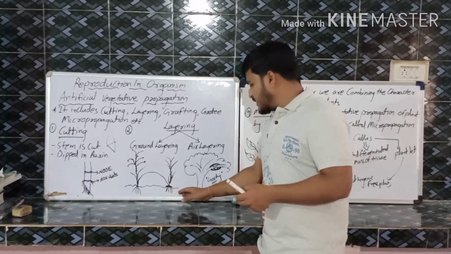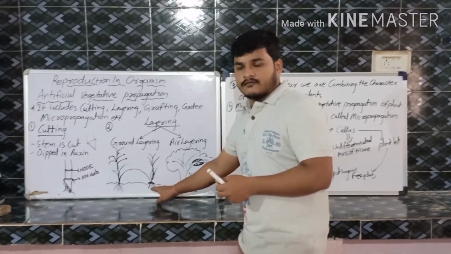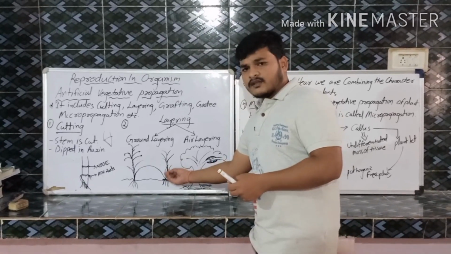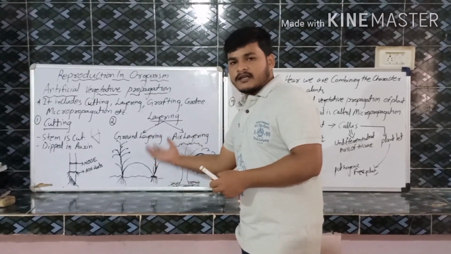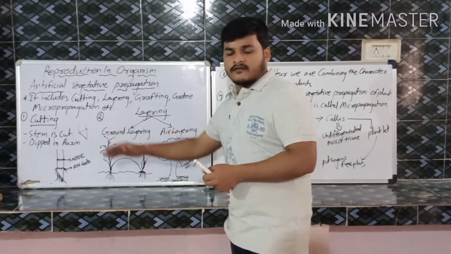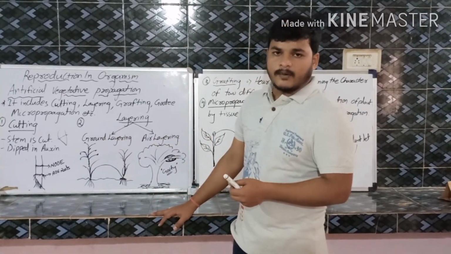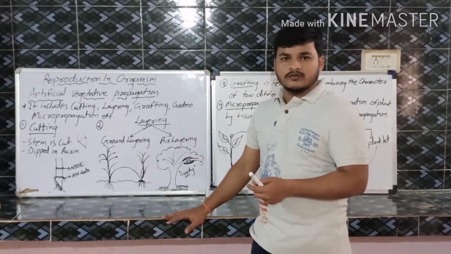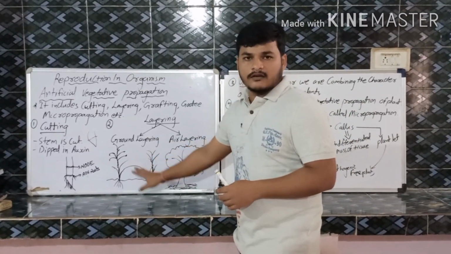Just like that, here also roots develop from the node part. After some days a tiny jasmine plant develops, and it is cut from the parent plant, and two different plants are raised. So this technique is used mostly in flowering plants.